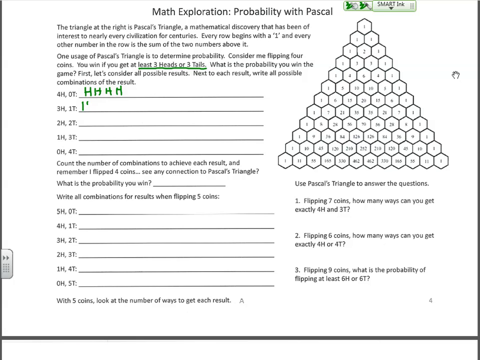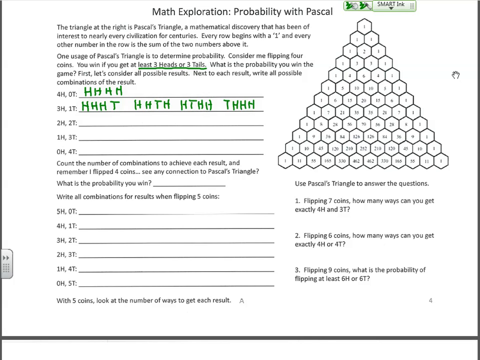You could get the 3 heads first and then the tails. You could get 2 heads and then the tails and then your 3rd heads. You could get 1 heads, then the tail, then 2 heads. Or that tail might come up first, and then the 3 heads after that. Okay, but those are the 4 possible ways to get the combination of 3 heads and 1 tail.